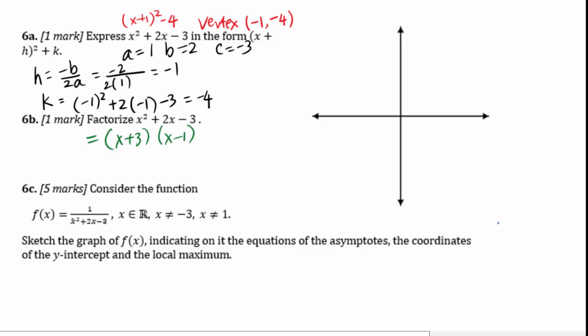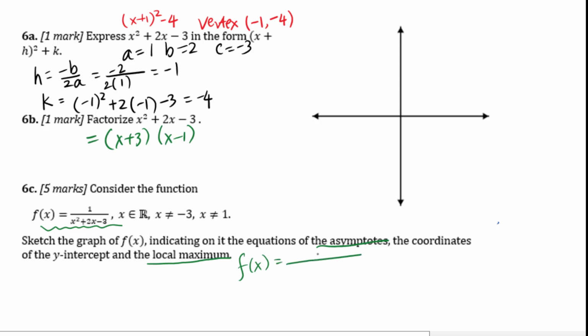6c, consider the function f of x equals 1 over (x squared plus 2x minus 3). Sketch the graph of f of x indicating on it the equations of asymptotes, the coordinates of the y-intercept, and the local maximum.